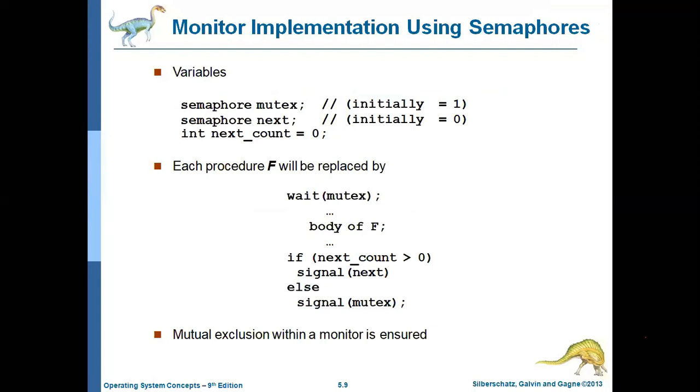Here, monitor implementation using semaphores. Already you know that. Go through this. So the variables are semaphore mutex and semaphore next. We have to use the monitor implementation using semaphores. So what did we say in semaphores? Only wait of mutex and signal of mutex.